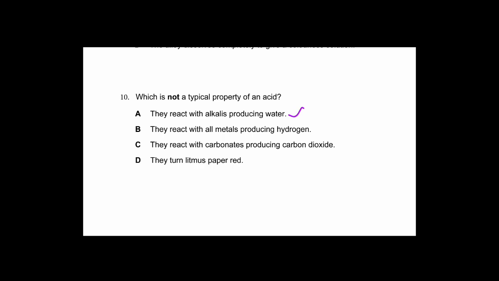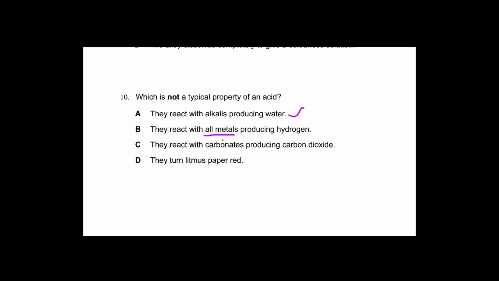I was just explaining the behavior of copper with an acid. I was saying copper is not able to displace hydrogen ions from sulfuric acid. So it is not true for us to say all metals. Even though copper is a metal, copper is not able to react with acids. Therefore, B is likely to be incorrect.